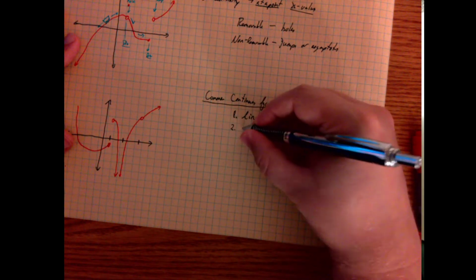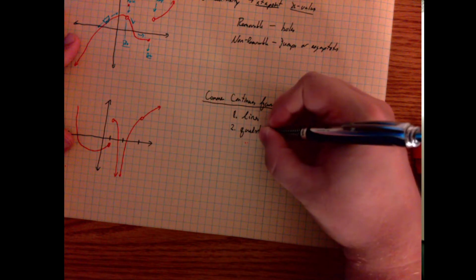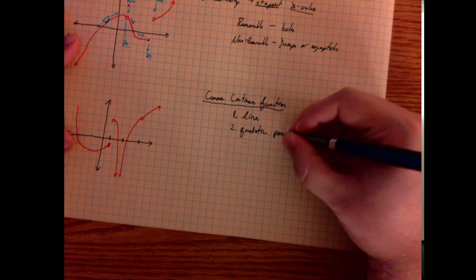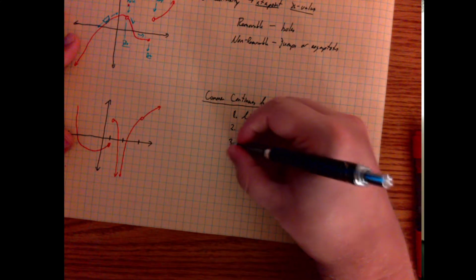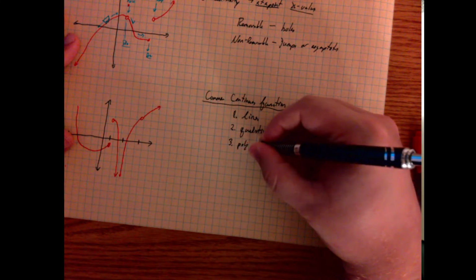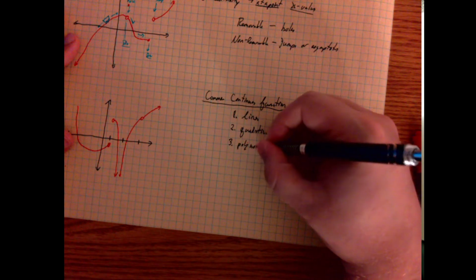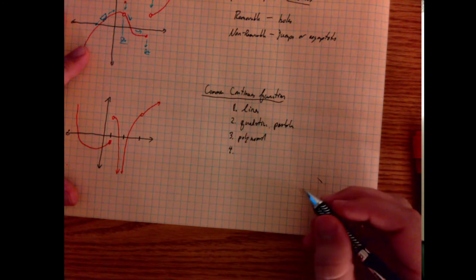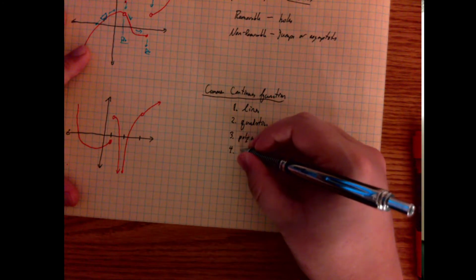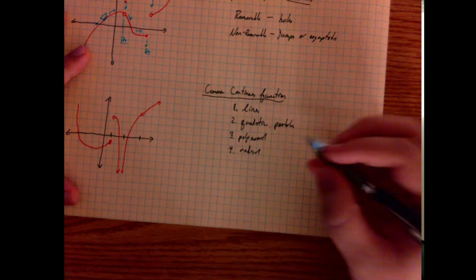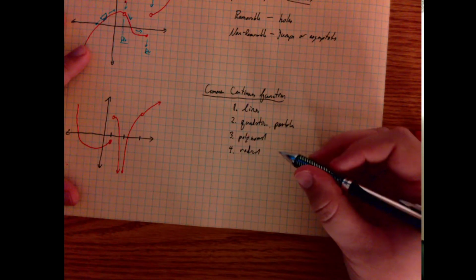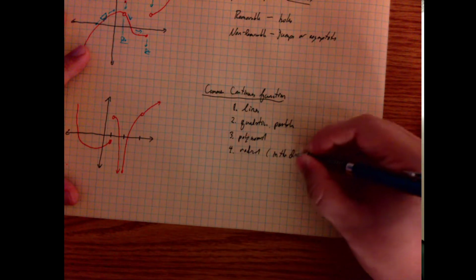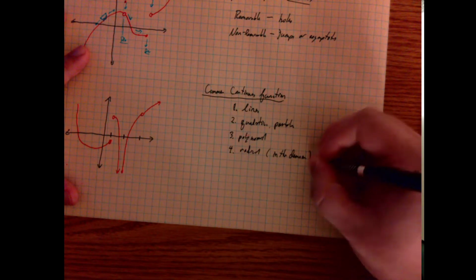2. Quadratics, or parabolas. Really, any polynomial should be continuous. 4. Radicals tend to be continuous, at least in their domain. There's radicals kind of places where the domain fails.